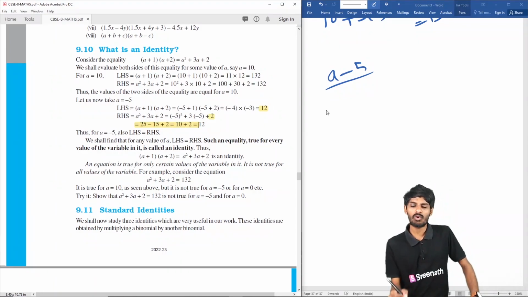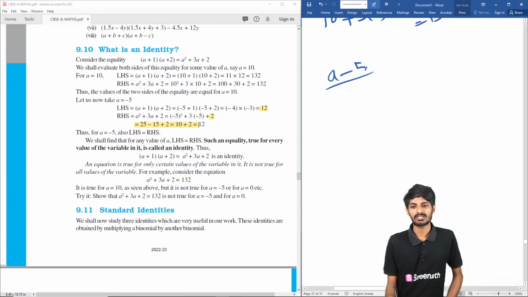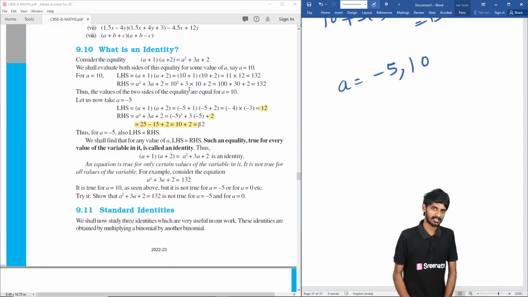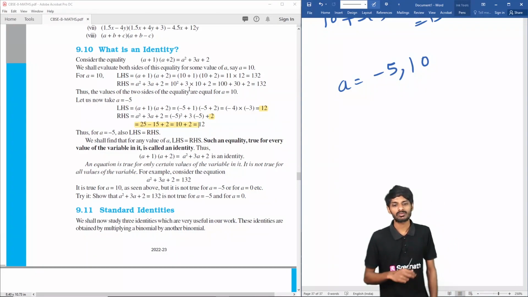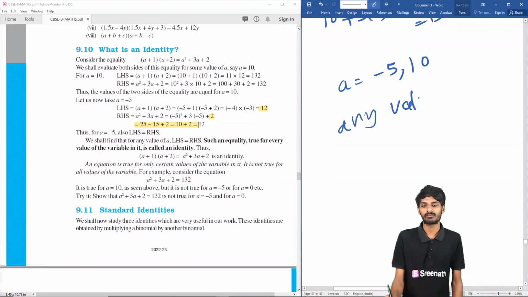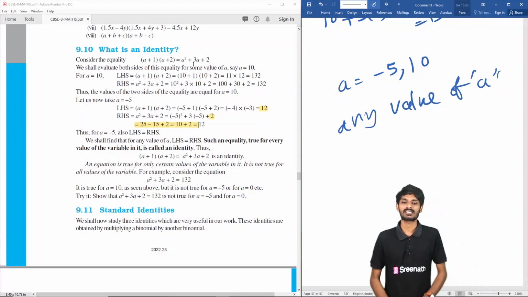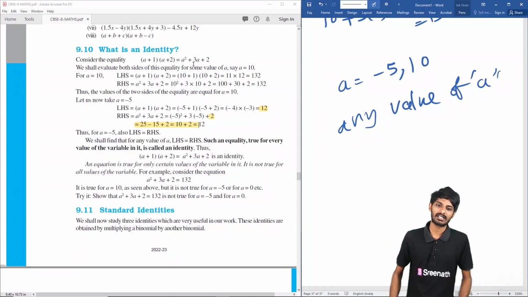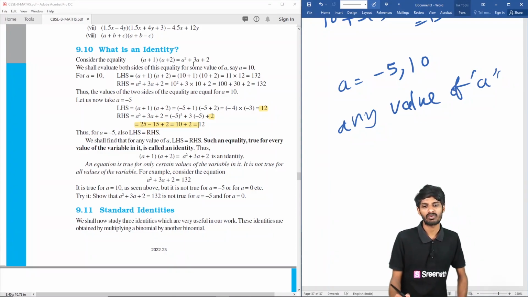So what we can say is, for a equals minus 5, 10, this equation is satisfied and both LHS and RHS are equal. So for any value of a, these equations are satisfied. This equality holds, students. So the equality holds and it is true for any value of a.